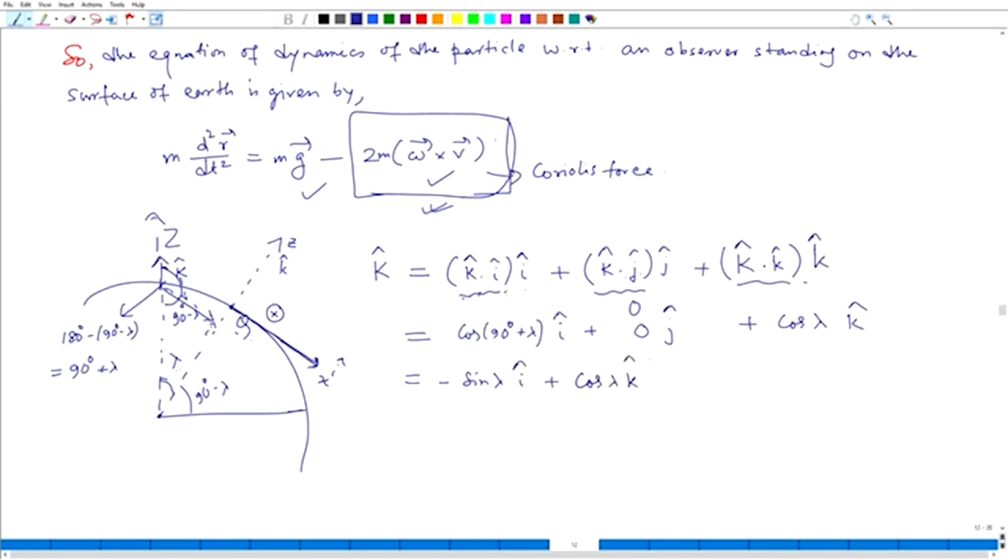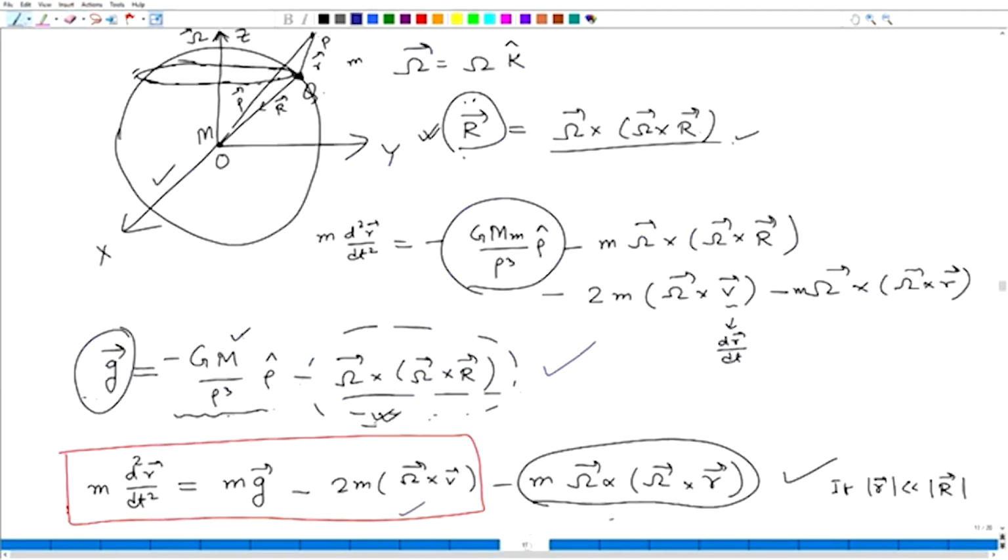All these are small i cap and small k cap. Okay. If I have this, then I can actually calculate now omega cross V, because omega is now, you know that, sorry, I have made mistakes.